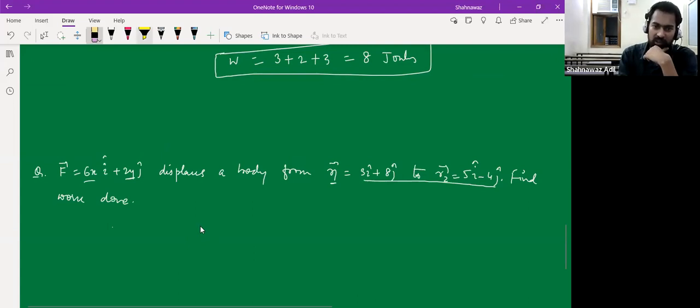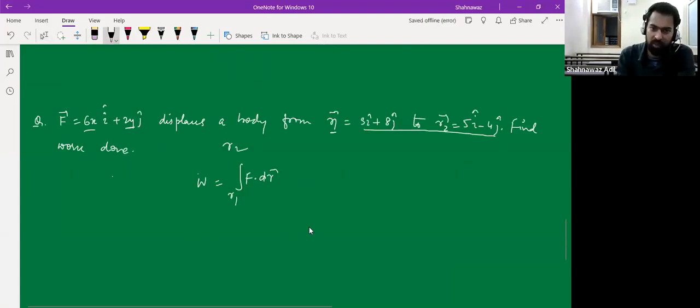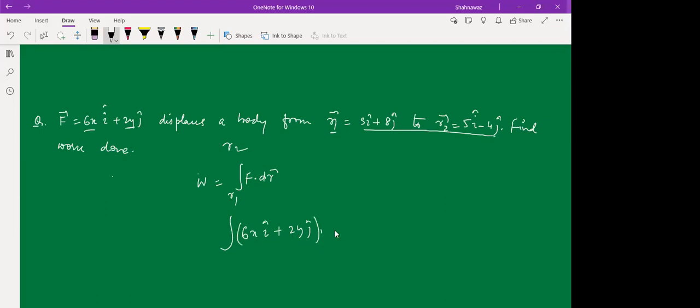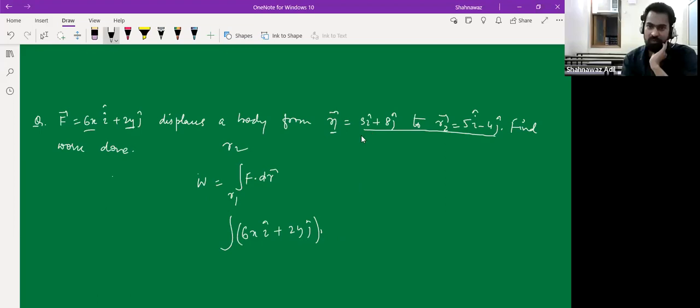F. So F is 6xi plus 2yj. So force is what?